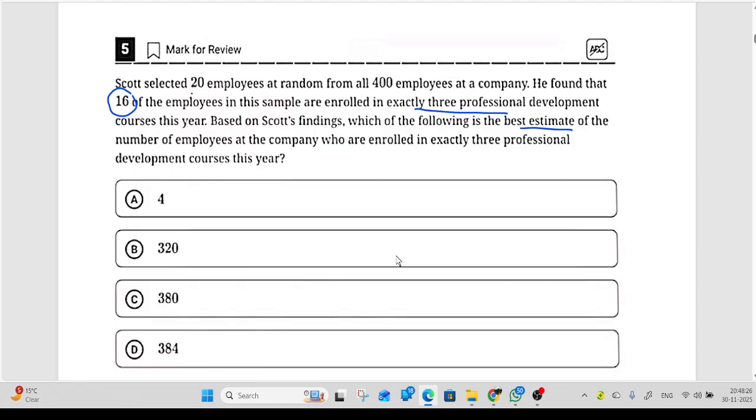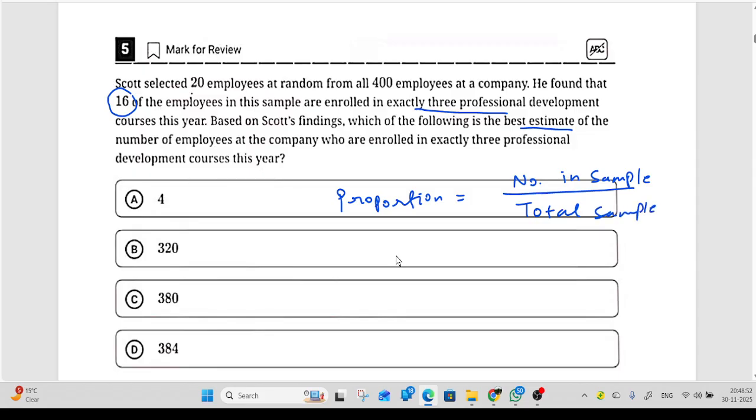So basically, this is a question of proportion. The proportion of employees enrolled in exactly three courses, we divide it. Basically, the proportion here is the number in the sample. We divide this by the total sample size.